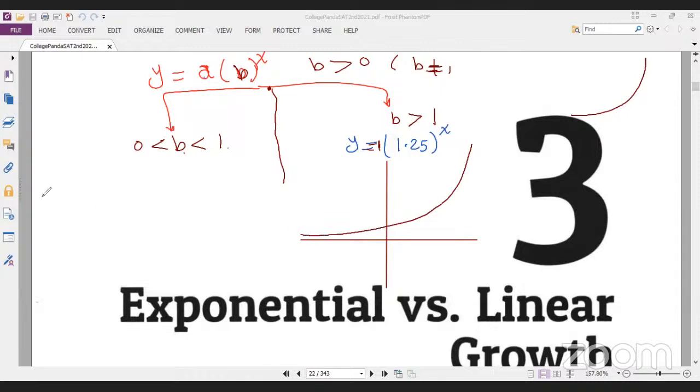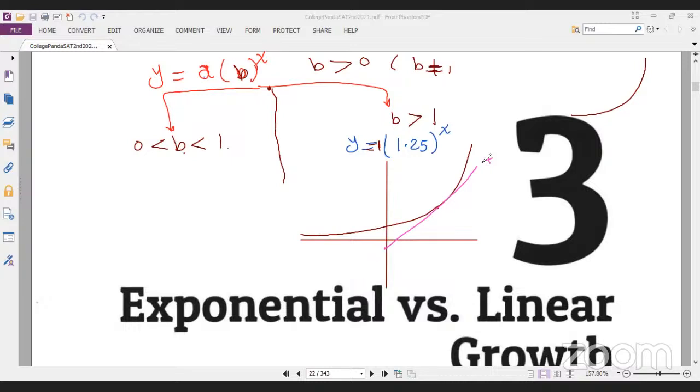What do we mean by gradient or slope of a curve? We mean the tangent at any point. So this is for grade 12 only. The tangent at any point here slopes to the right, similar to linear. The similarity is here.